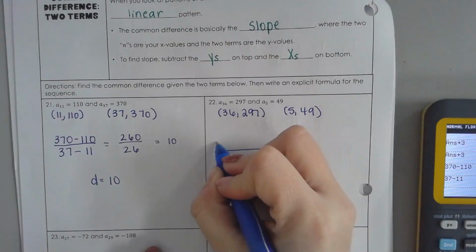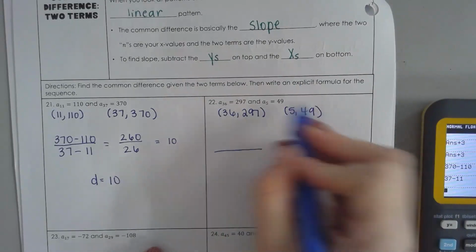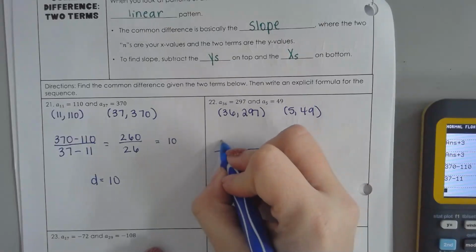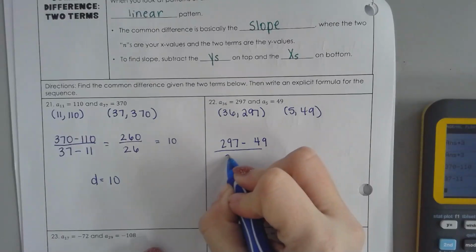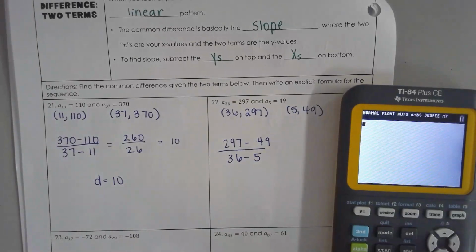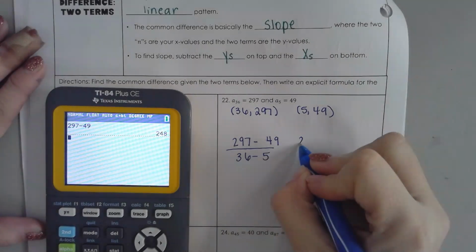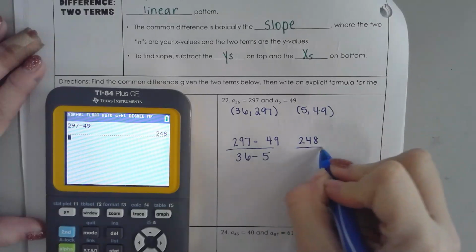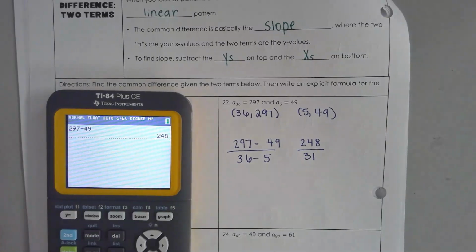If we subtract, I tend to prefer to put the bigger number first, but it doesn't matter which one you do first. 297 minus 49 over 36 minus 5. 297 minus 49 is 248. 36 minus 5 is 31.